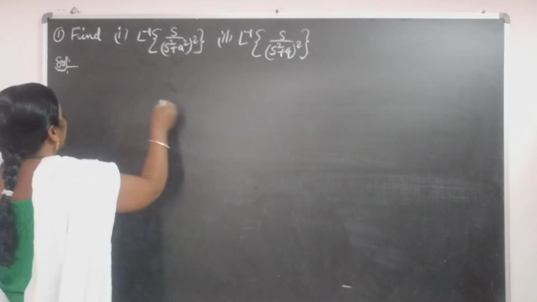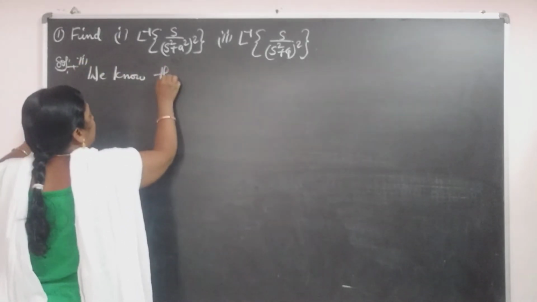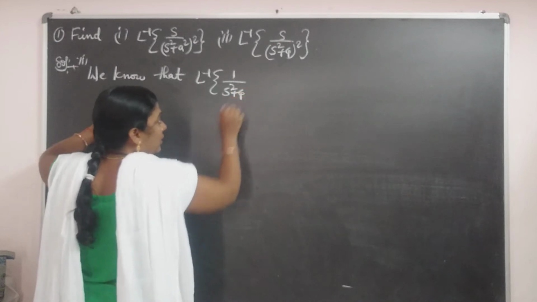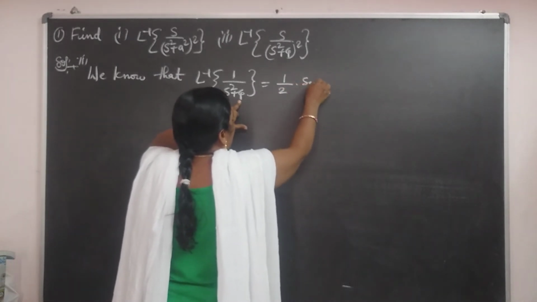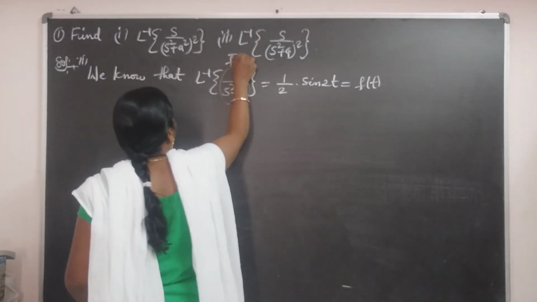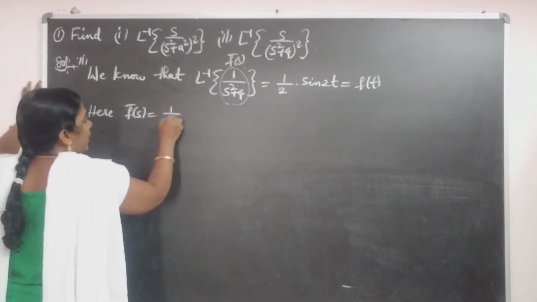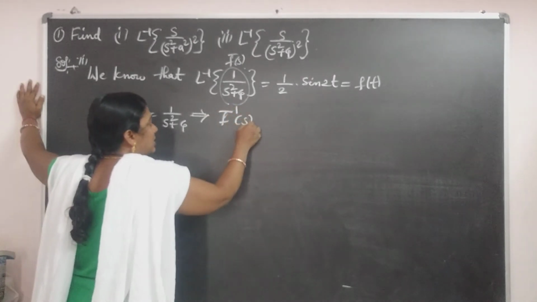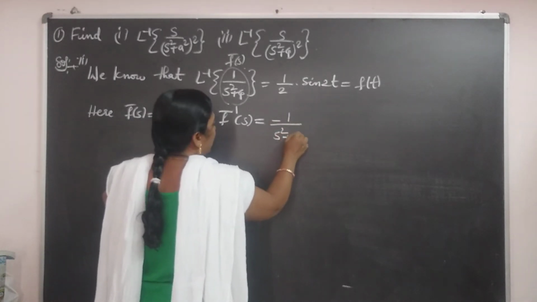The second one is, we know that here we can take L inverse of only the denominator, without taking the square. L inverse of 1 by (s^2 + 4) is equal to 1 by 2 into sin 2t, which is f(t), and the transform is f bar of s. Here f bar of s is equal to 1 by (s^2 + 4). Then taking the derivative on both sides, f bar dash of s is equal to -1 by (s^2 + 4) whole square.